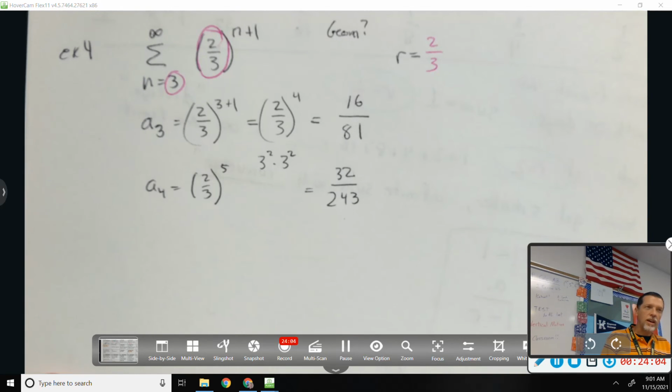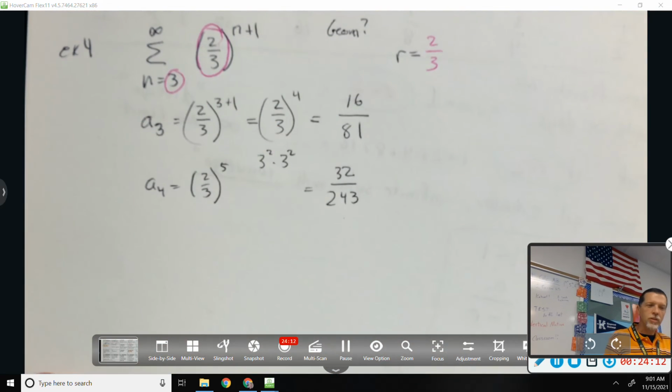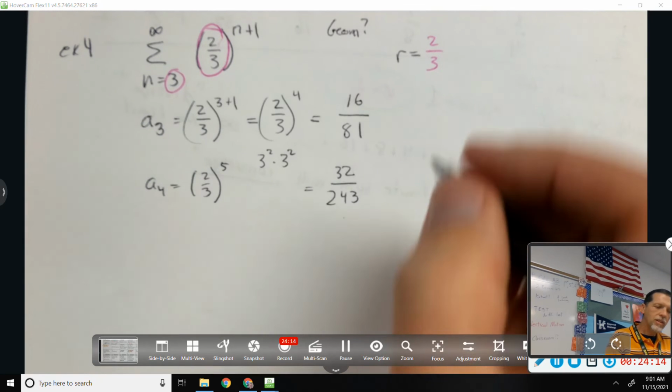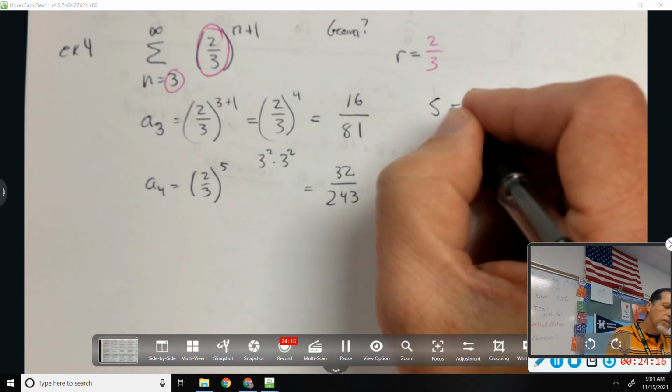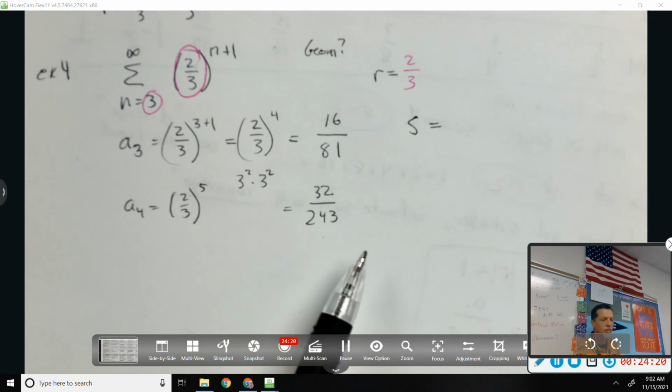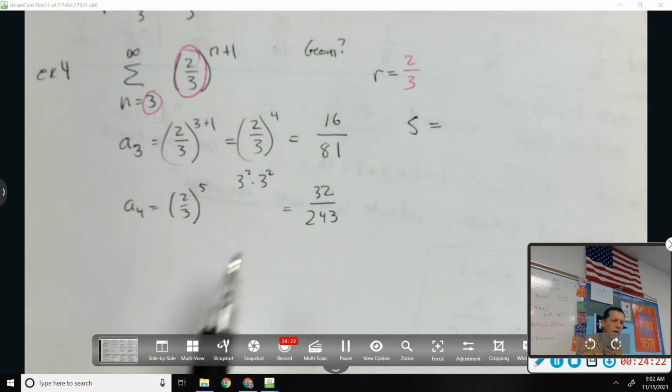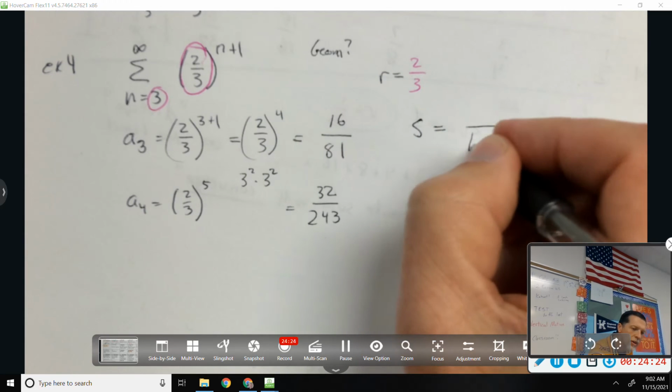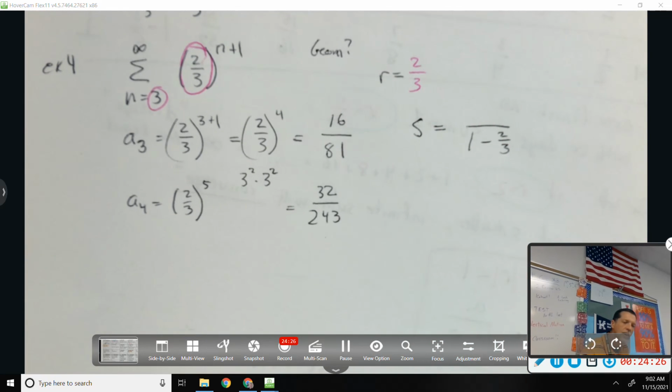It kind of depends on this exponent, so you do have to be careful. So our infinite sum, what's the first term of this series going to be? We got lots of possibilities here. I know what R is. Be careful.